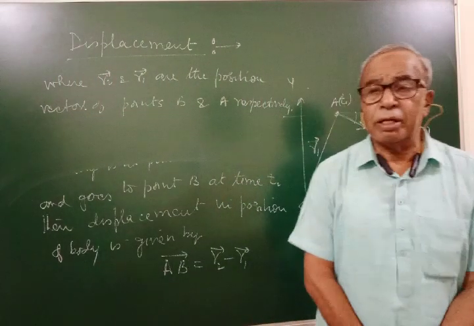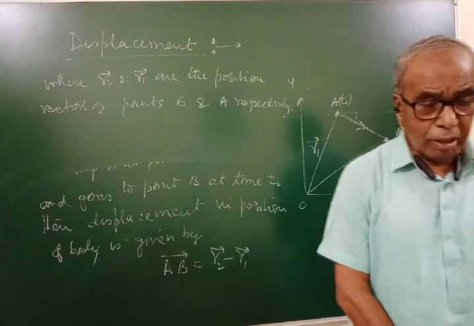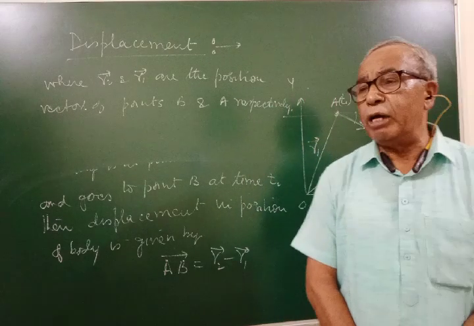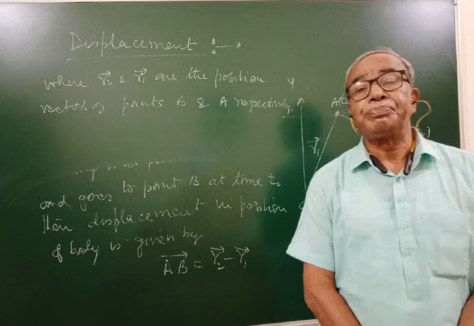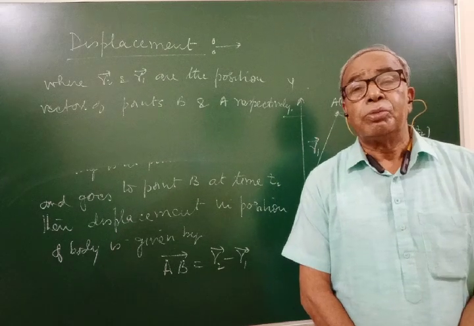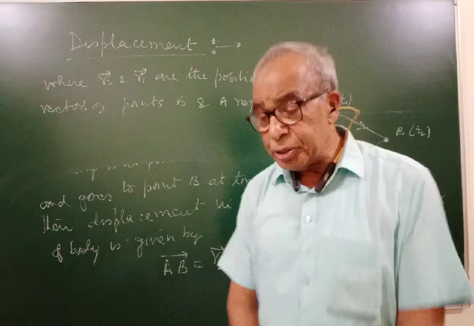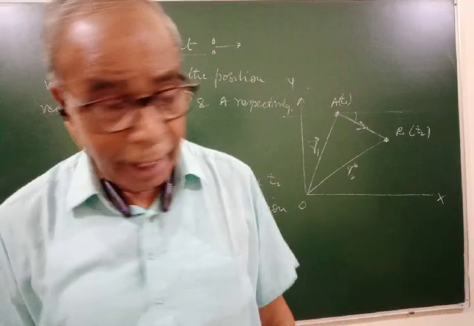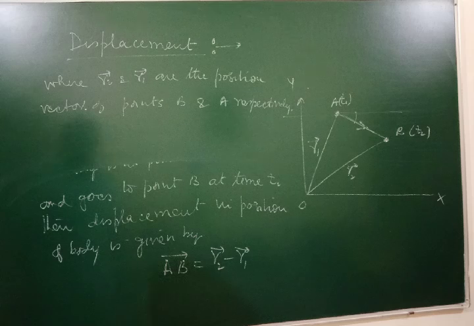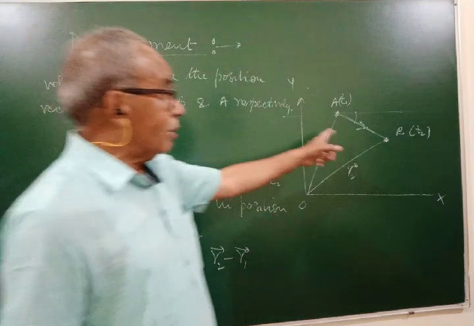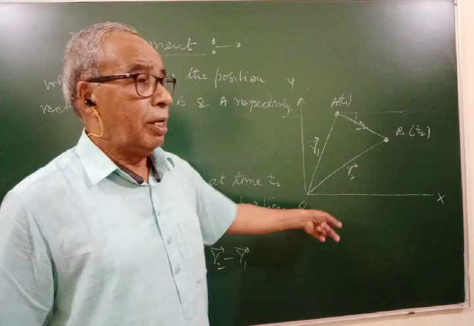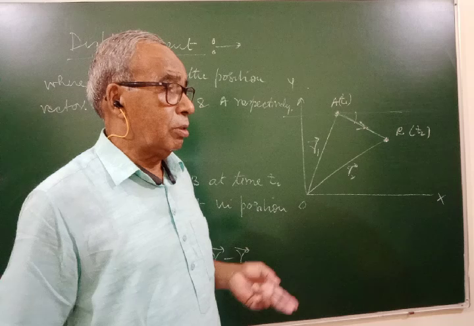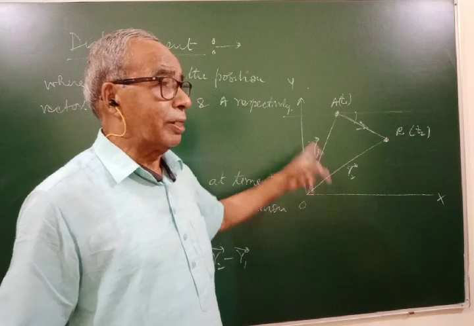If I say I can displace this table a distance of 5 meters, you will ask me, sir, in which direction? So distance is not sufficient to tell. It is not right to say that displacement is the least distance. No, it is the change in position, and it is measured in terms of change in position vector.